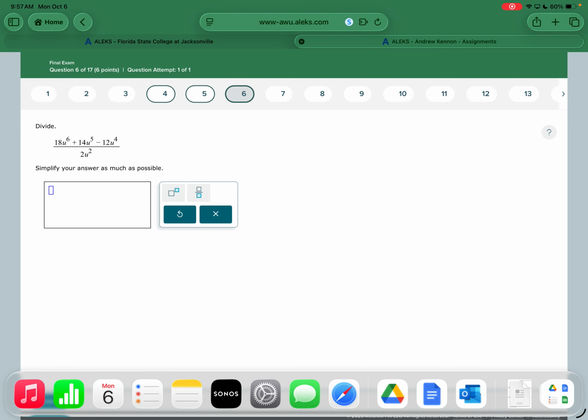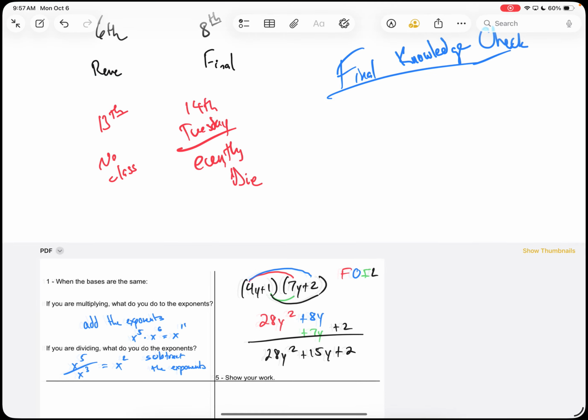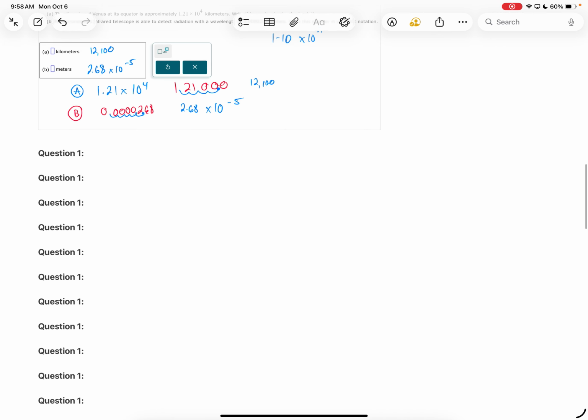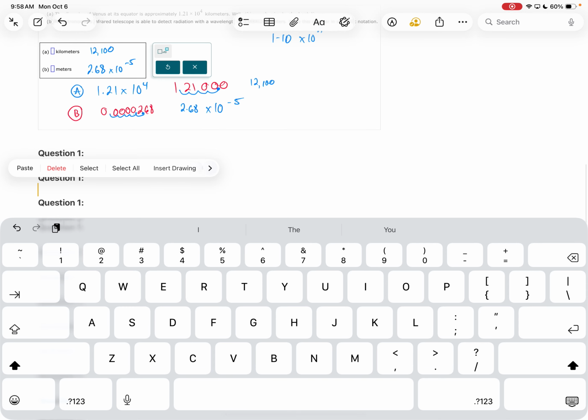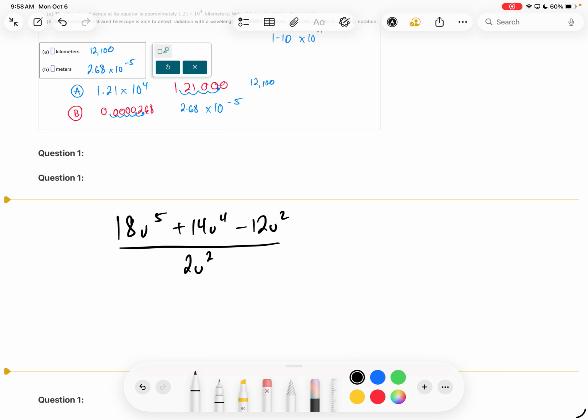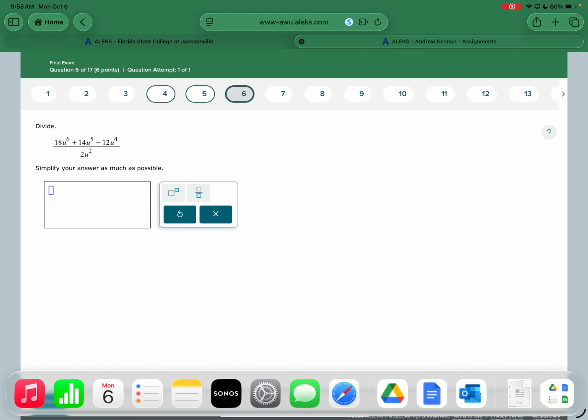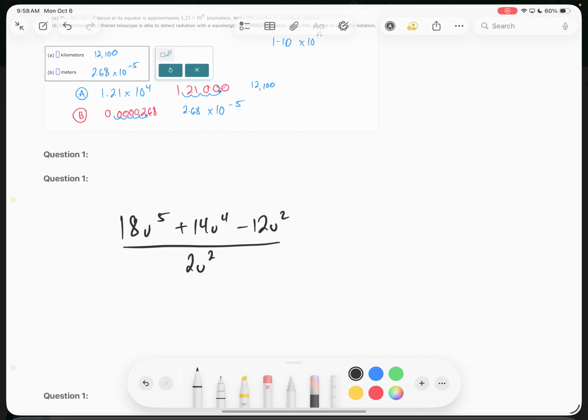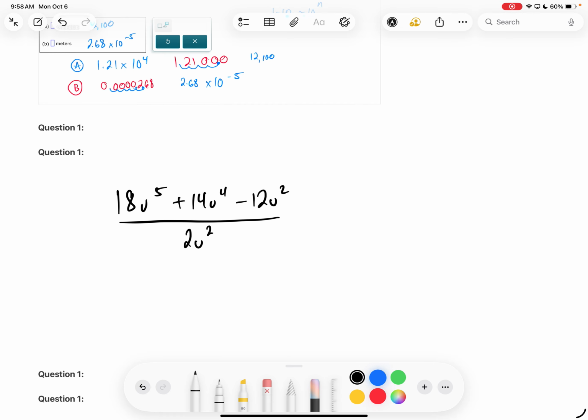18, 14, 12, 2. It doesn't matter. It'll be the same thing, but we can do it.